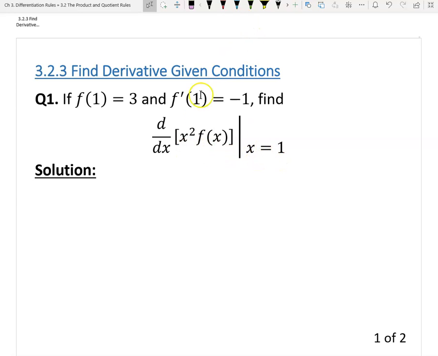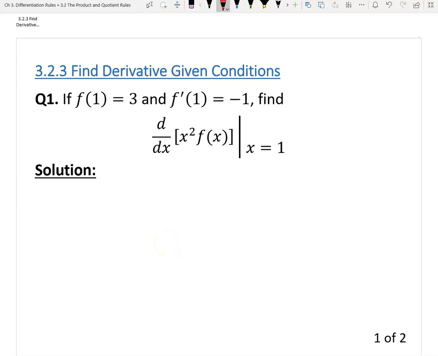So we just find the derivative first, which is the first step. Then plug x equals 1 into the derivative function. That's the second step, and then we get the answer. Let's move on to this question.